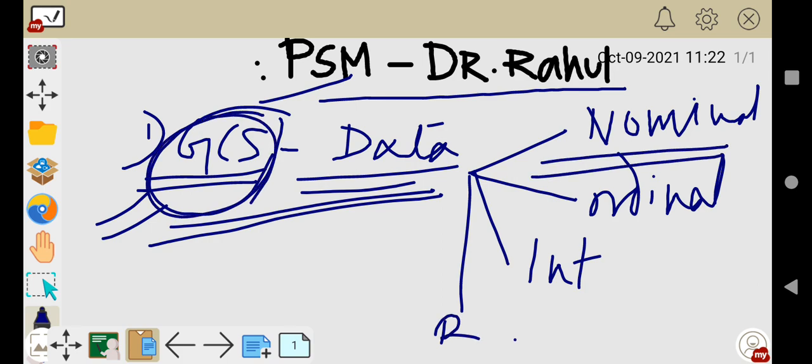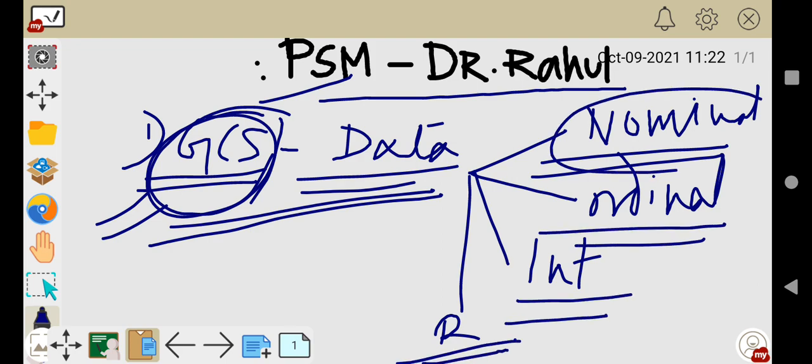So first we'll understand what these data are. The first one is nominal data. Nominal means it is basically qualitative type data, naming something, like boys, girls. So here I am naming a data. This is nominal type.